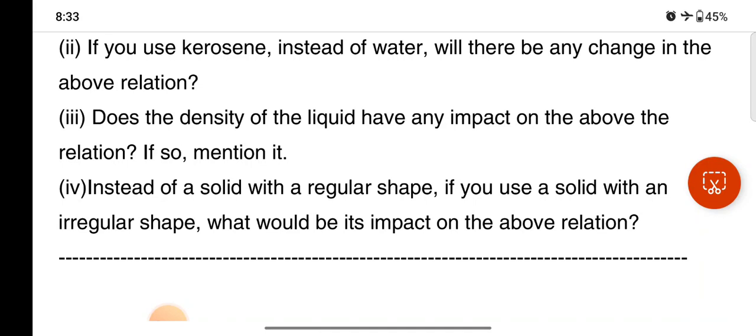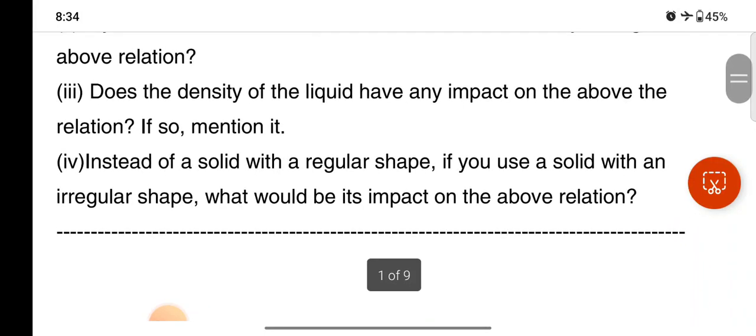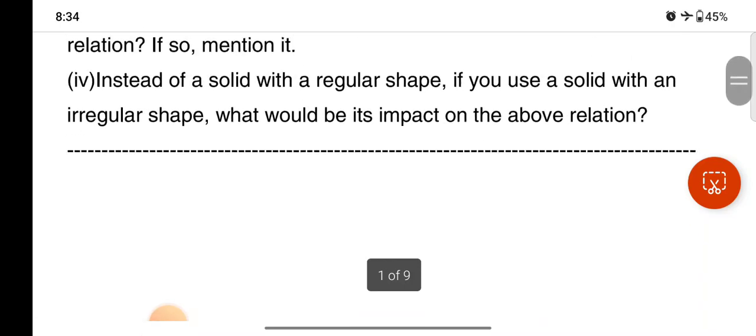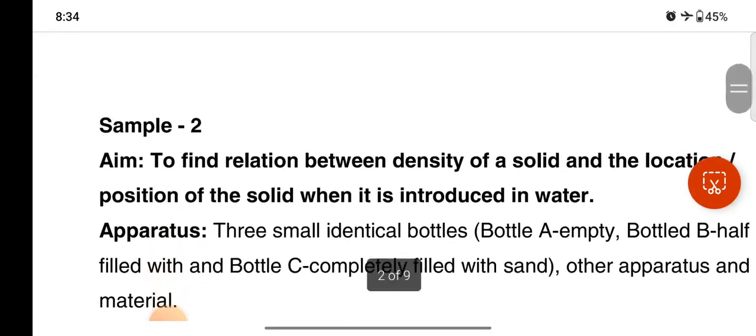If so, mention it. And question number fourth, instead of a solid with regular shape, if you use a solid with an irregular shape, what would be its impact on the above relations? These are the questions.